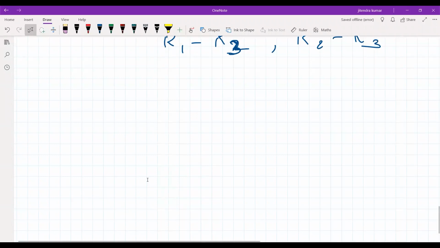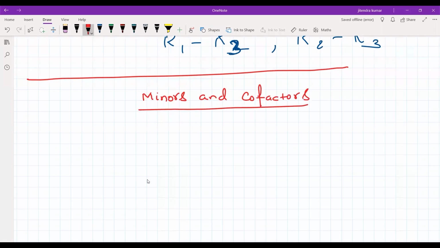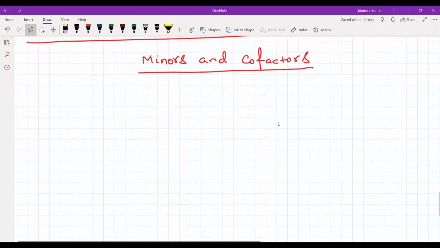So now let's move to the minors and cofactors. Okay, so let's start with the minor first.